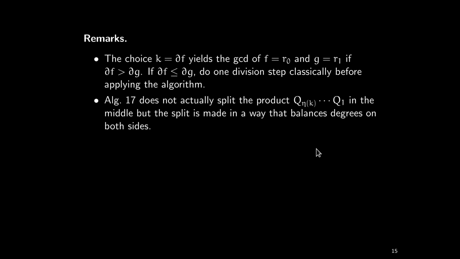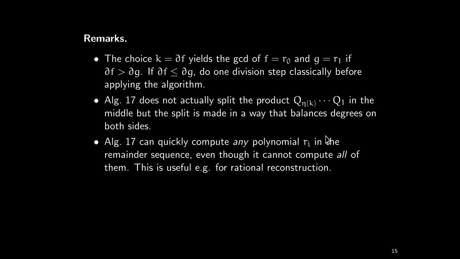Because what we want is, in the end, in the combination, to have a balanced product, so that fast multiplication works very nicely. We have better chances to obtain a balanced product if we split this product so that the degrees on one side are equal to the degrees on the other side.